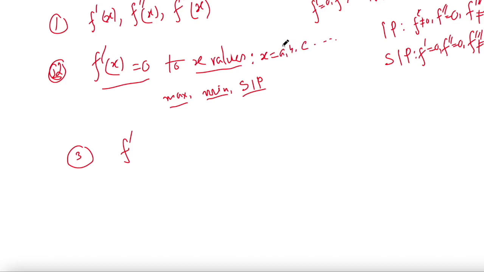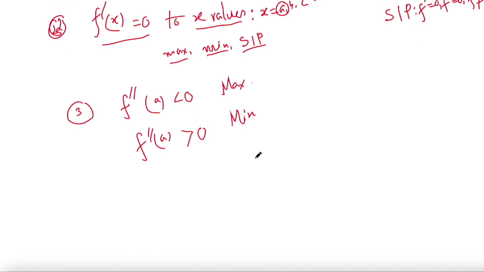You need to first check for x equal to a. If the second derivative at a is negative, then there is a maximum point. If the second derivative at a is positive, then there is a minimum point at x equal to a.